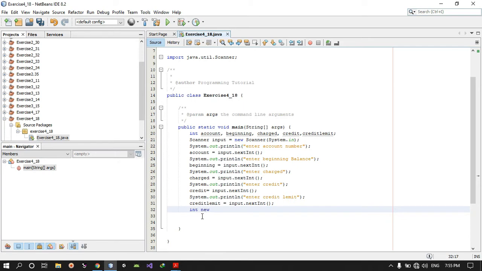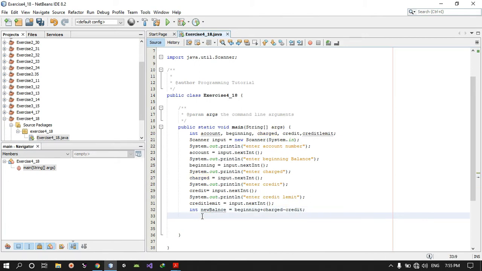New balance equals to beginning balance plus charge amount minus credit.